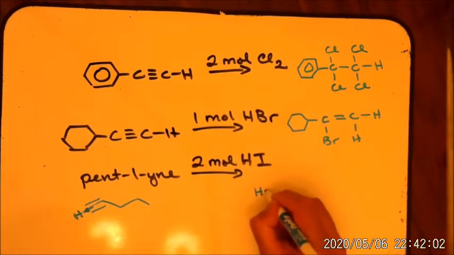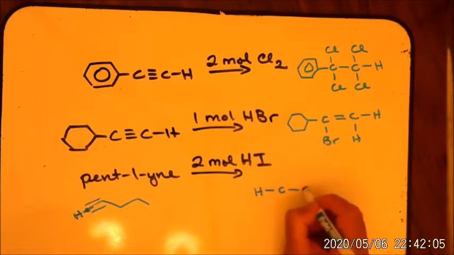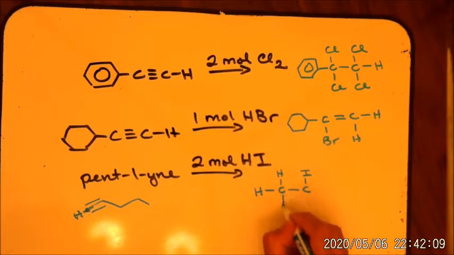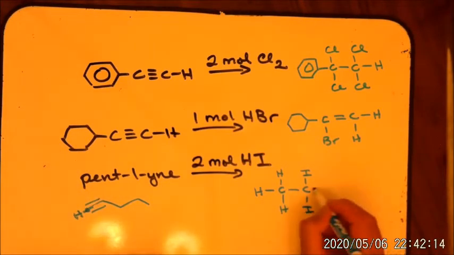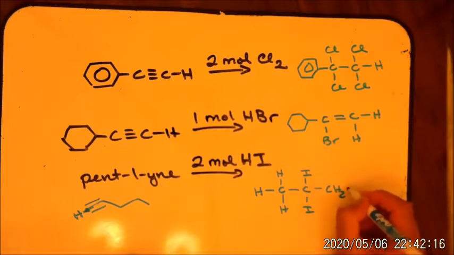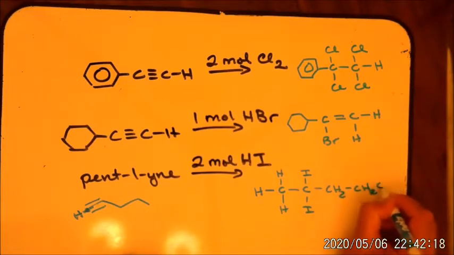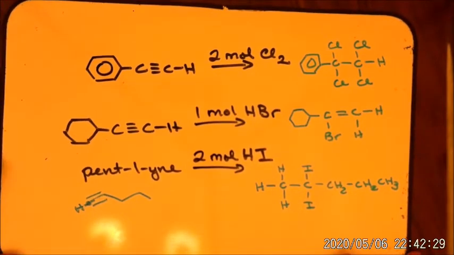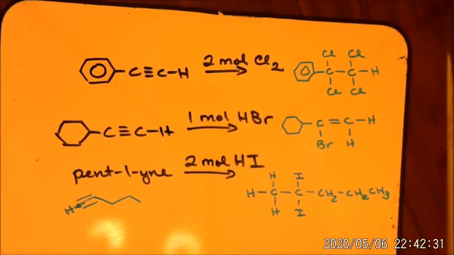So you're going to have this carbon with the iodine, hydrogen, hydrogen, iodine. So 1, 2, 3, 4, 5. So you're going to form basically a 2,2-diiodopentane. Okay? So those are some of the examples of addition reactions with alkynes.